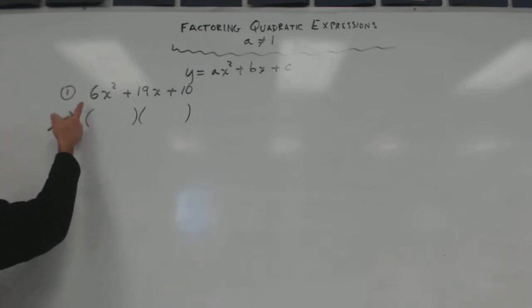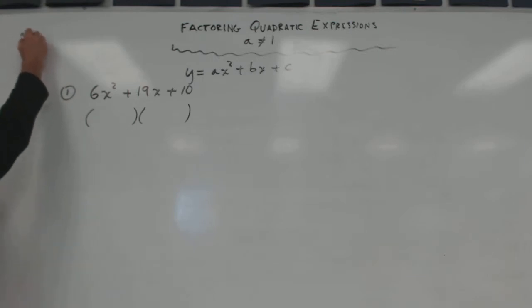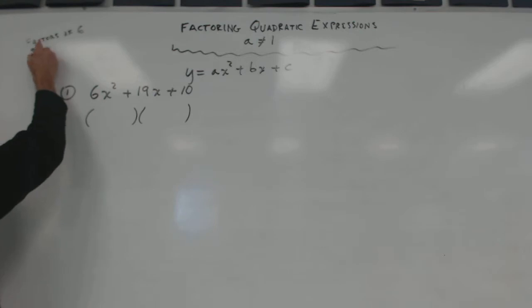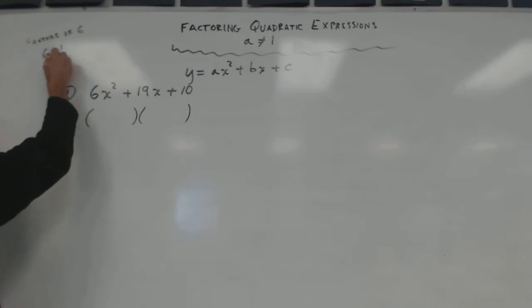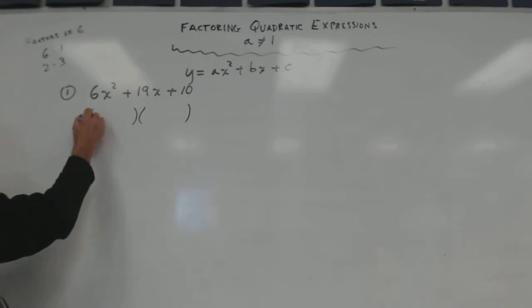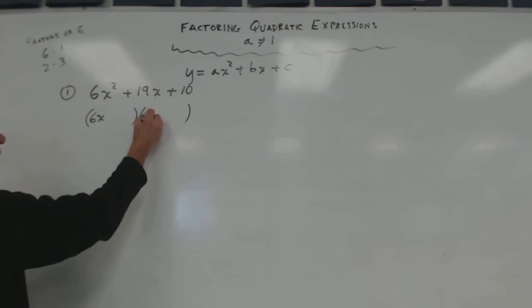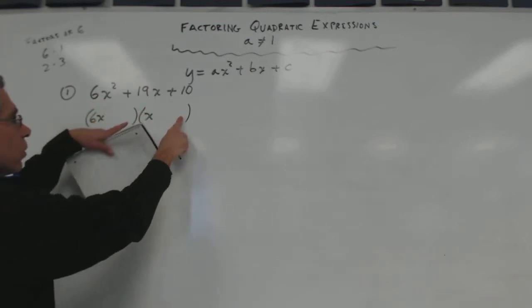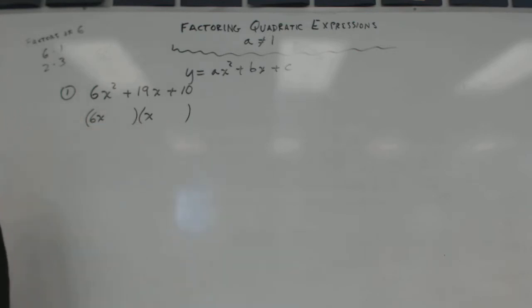So what are my factors of 6? Okay, so I could do 6 times 1 or 2 times 3, right? So I'm just going to have to take a guess. I'm going to say 6x and then x, okay? That equals 6x squared. Now, what do I know about these last two numbers?